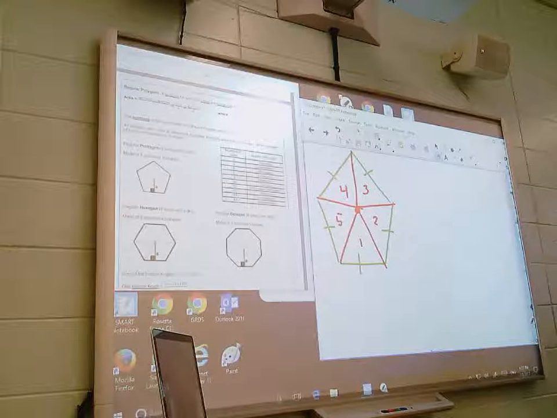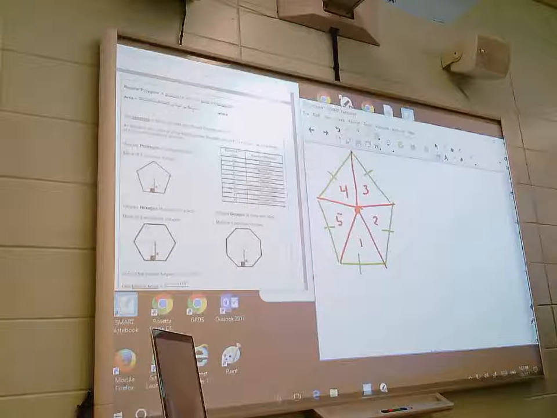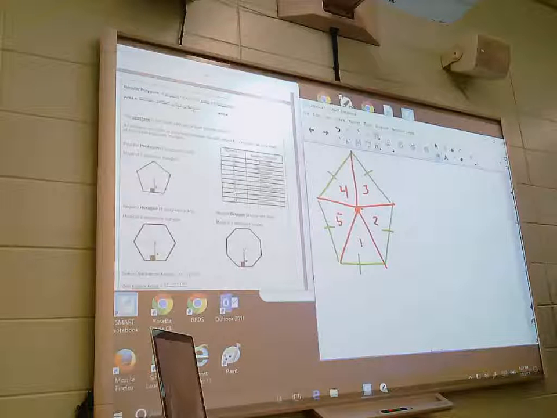If I have a decagon that has 10 sides, how many triangles? 10. So there's a relationship between the sides and the triangles inside. Do you agree so far? Inside, what kind of triangles do I have? Can anybody recognize the type of triangle that I have?